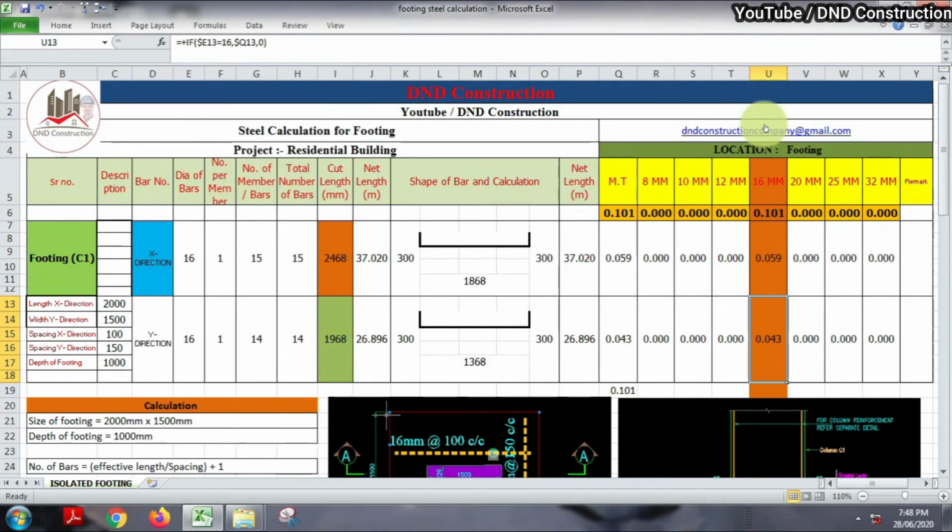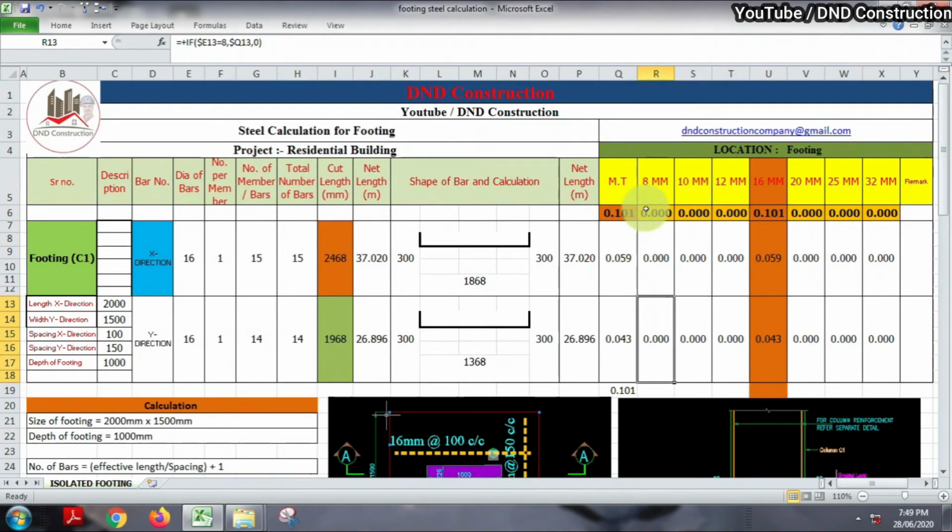When we add both the values, as you can see, we will get 0.101 metric ton for the weight of steel for both the x and y direction steel.